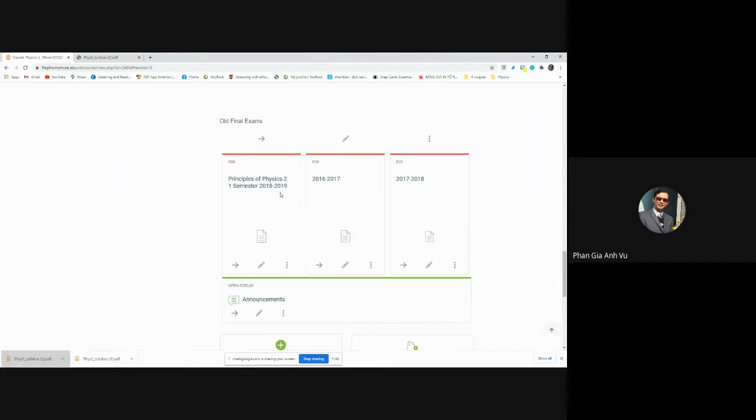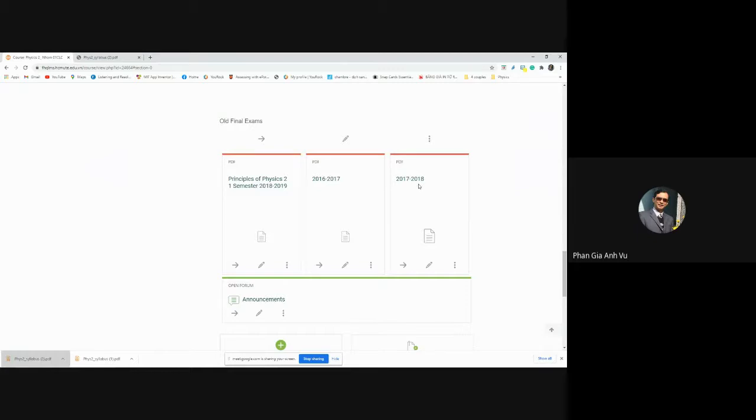The first one is the first semester of the last 2 years. The second one is a little bit older. The third one too. Later maybe I will put the exam of the last semester, the first semester of this academic year.